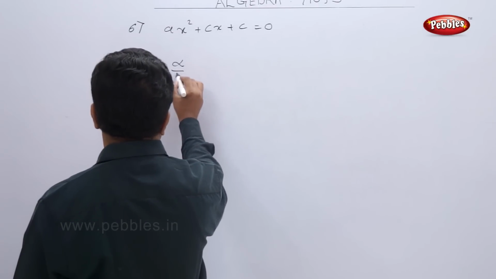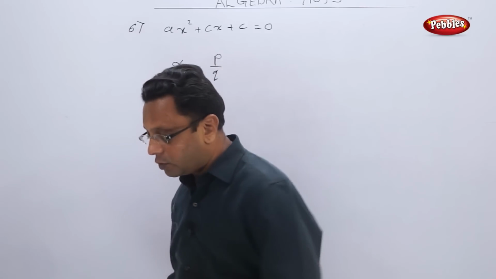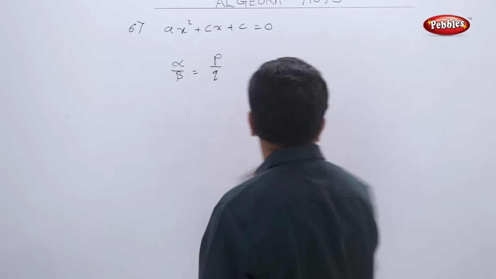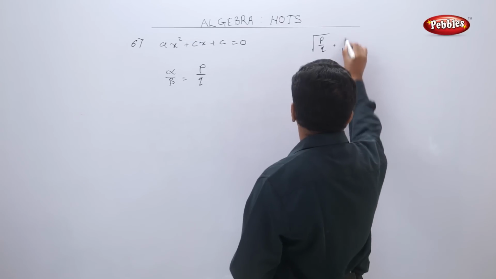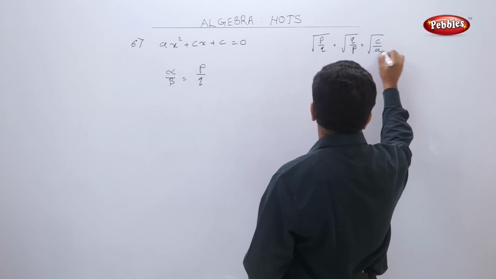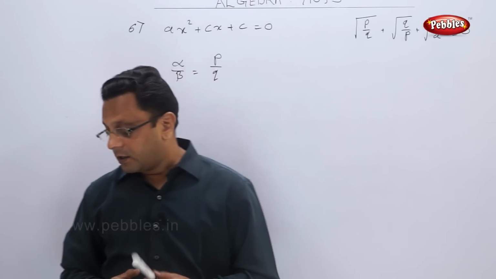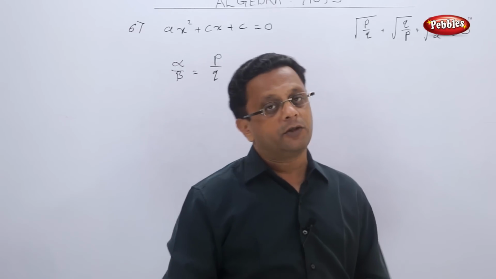So alpha upon beta is equal to p upon q. Then show that p upon q plus q upon p plus c upon a is equal to 0, where a and c are real numbers such that a is greater than 0 and c is not equal to 0.